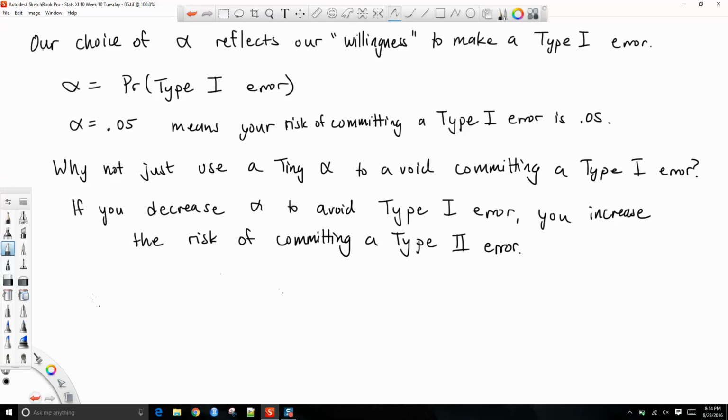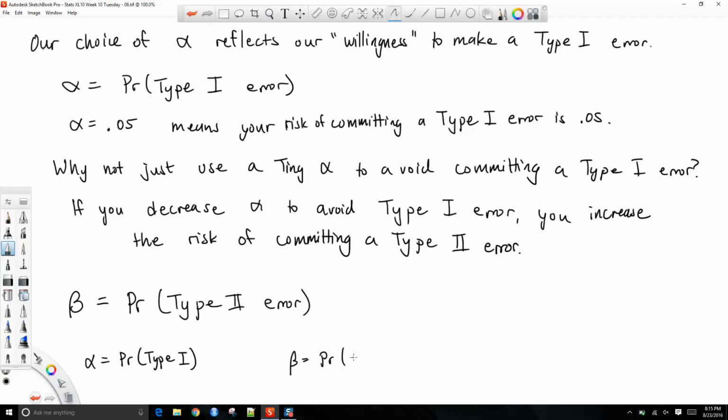And so beta is the probability of a type 2 error. Alpha goes with type 1. Alpha will be the probability of type 1. Alpha is like A, and beta is like the letter B, and that goes with type 2.